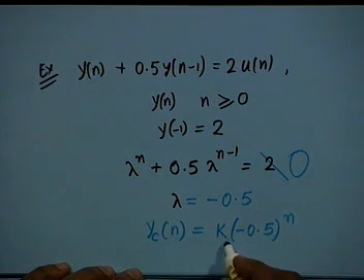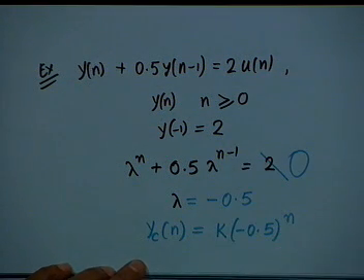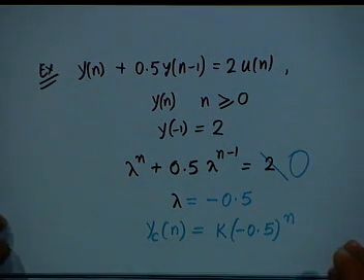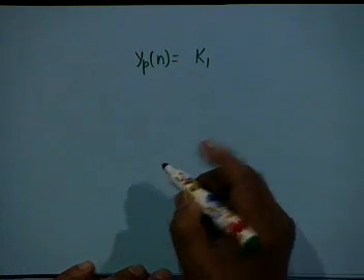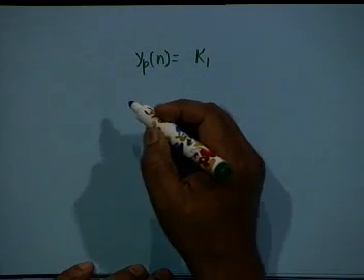I do not evaluate k by invoking initial condition. I first find the particular solution. To find the particular solution, I assume it to be of the same form as the given input. The input is a constant 2. So I assume yp of n equal to some constant k1. Substitute it in the original equation.